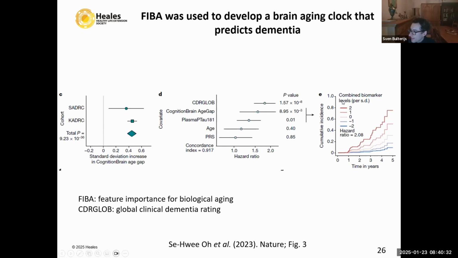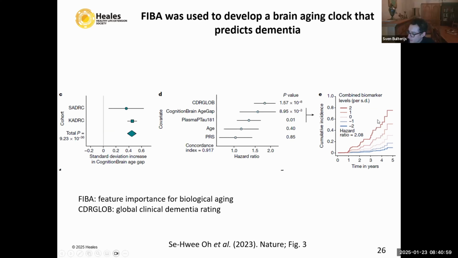And when you look here, this clock, and here is time over years, you have people who have low brain aging versus people who have high brain aging, and people who have high brain aging have a much higher risk of developing dementia compared to people who have low brain aging.